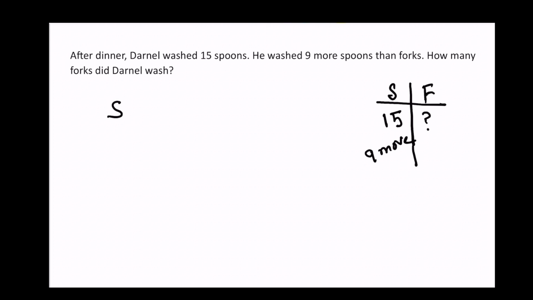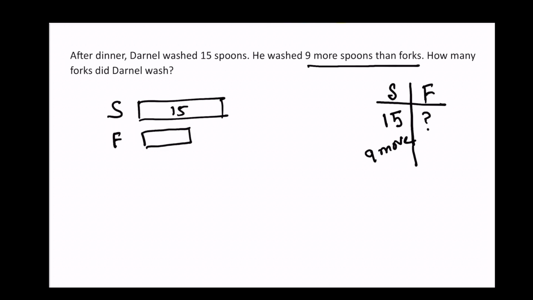This is spoon, this is fork. Spoon has 15. As they say that he washed 9 more spoons than forks, definitely he washed fewer forks than spoons.